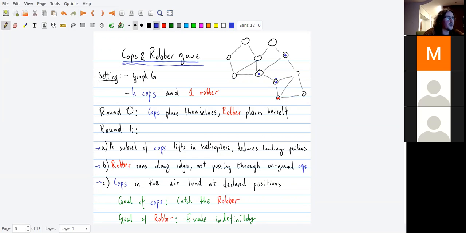So in the next round, for instance, this cop will decide to go to this vertex. The robber, for instance, stays at this vertex. Then the cop lands in here, and so on. For instance, maybe now this cop will move to here, so that now the robber is completely cornered in here.